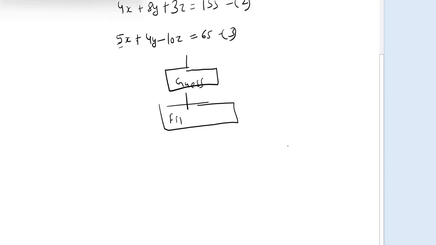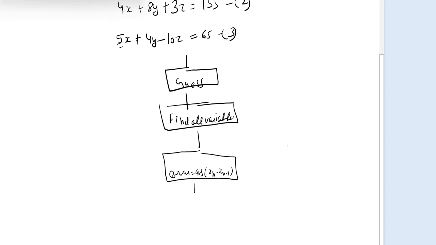Find all variables. Then after finding all variables, we will find the error. Error is equal to the absolute value of xn minus xn minus 1.